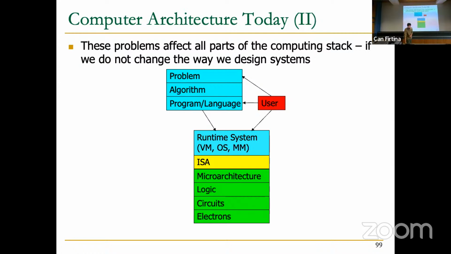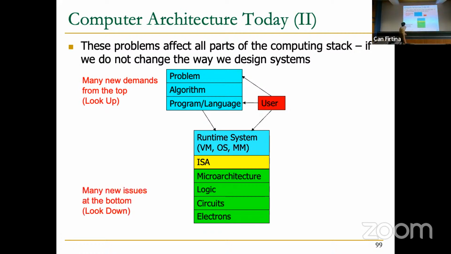If we do not change the way we design systems, there are many new demands from the top because there are new problems, new large amounts of data to process, new algorithms to develop, and I just gave the example of programming languages. And there are always new issues at the bottom, in improving all these circuits and logic.